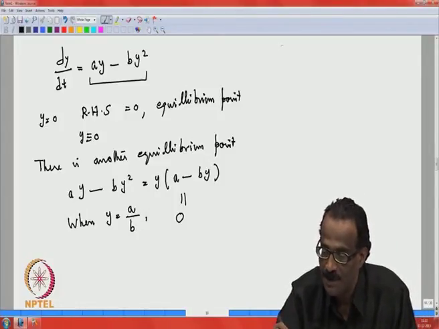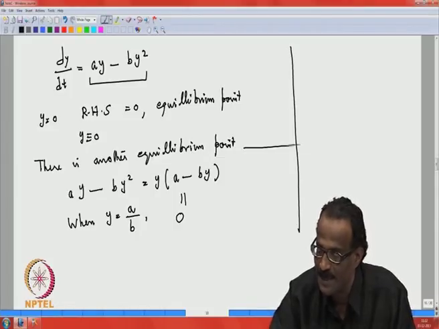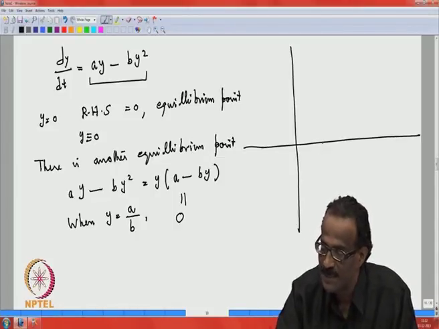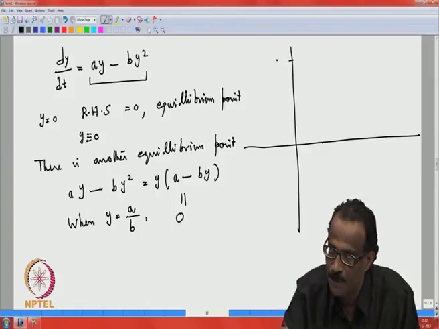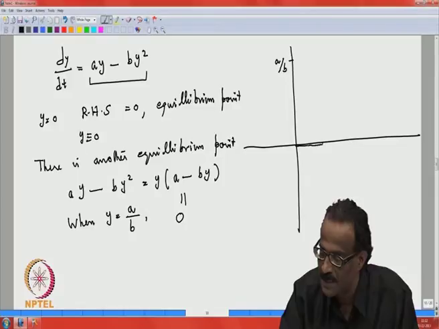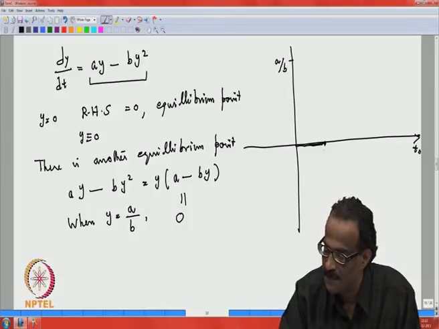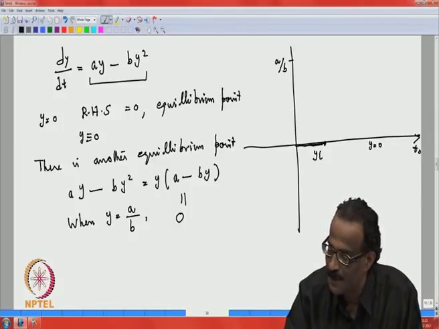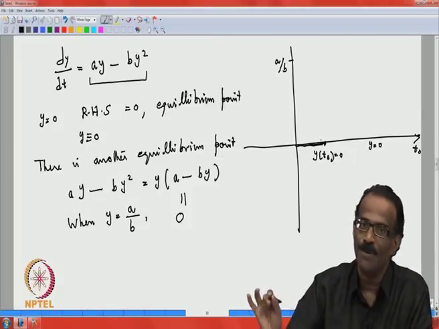If you try to draw this here, the a by b will play an important role. If your population starts at t naught, and this is your y equal to 0 graph, if y of t naught is equal to 0, your y of t will remain 0 all the time.